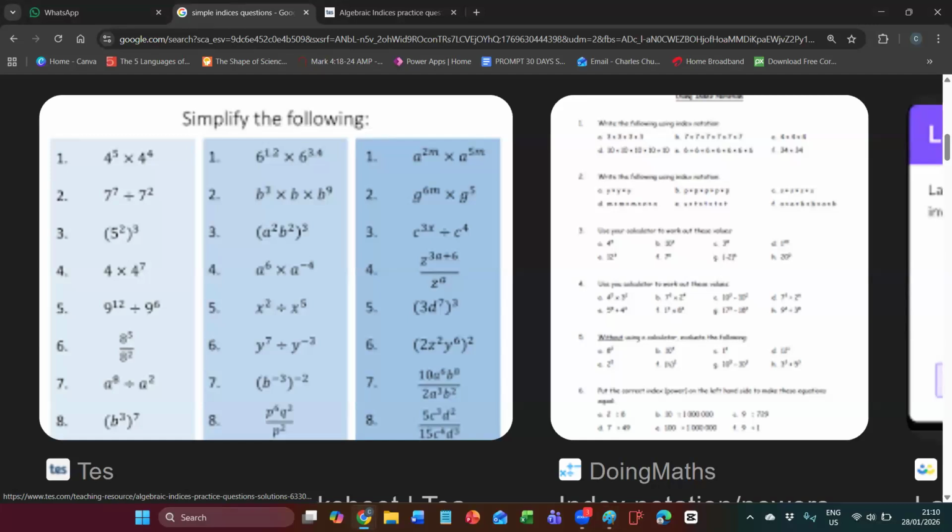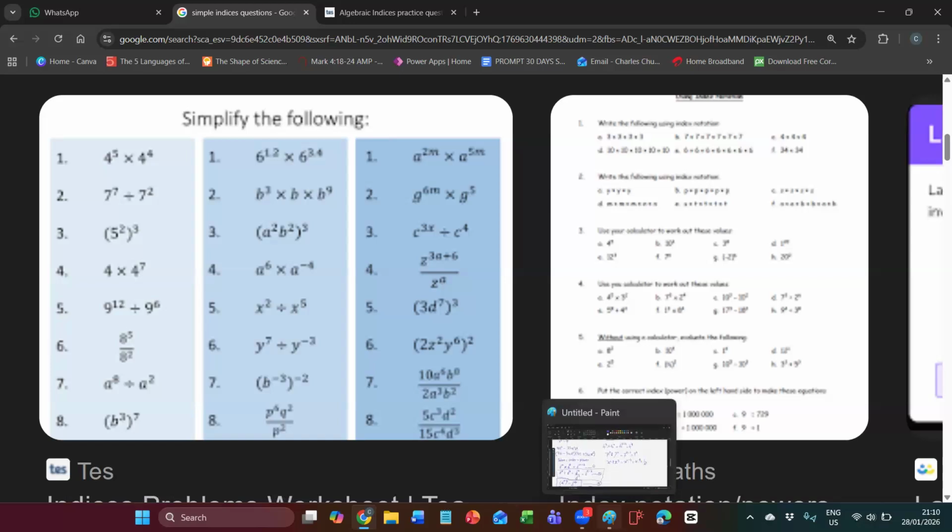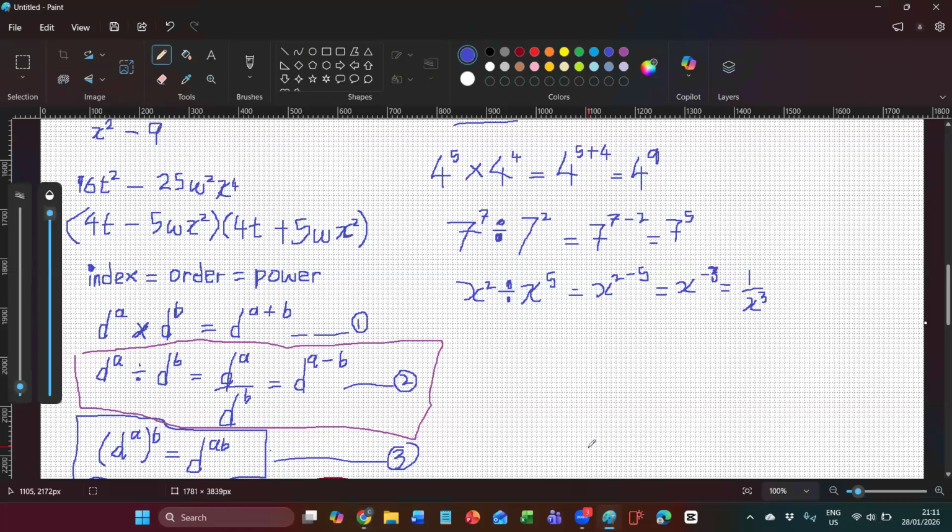Okay, now let me take one more from the middle section. Number 8 looks like p raised to the power of 5 times q raised to the power of 2 over p raised to the power of 2, isn't it?